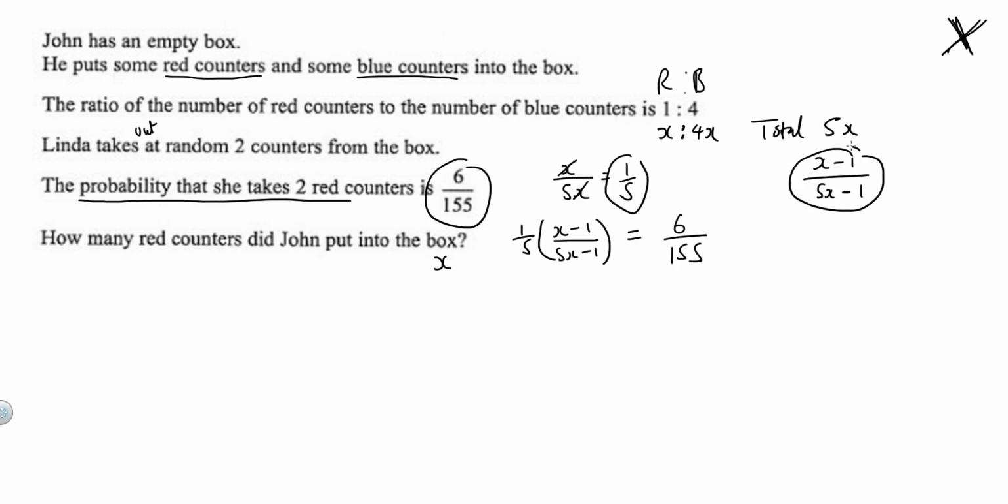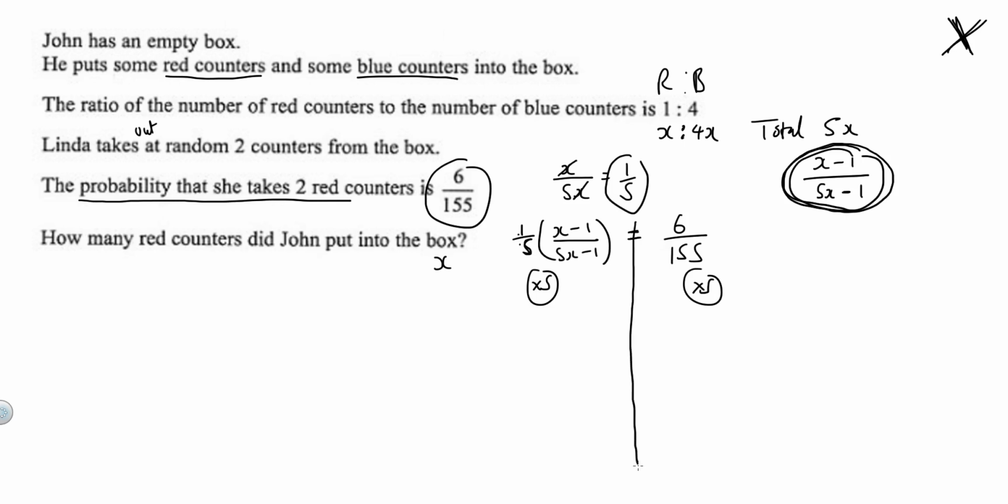And the probability of taking 2 red counters is also this thing over here. So I've made them equal to each other. So I need to find the value of x. It's going to involve some solving. I'm going to get rid of this denominator here, divide by 5. So I need to times by 5. Do the same on the other side.